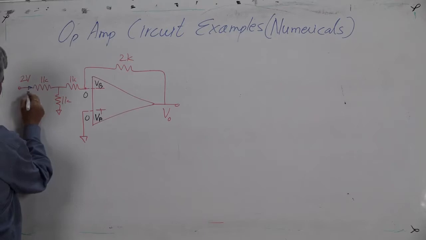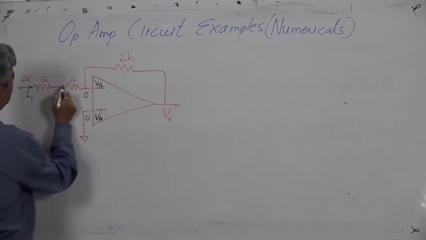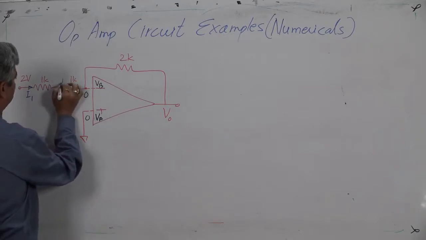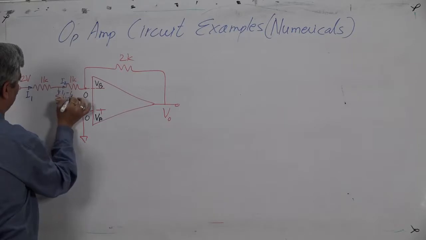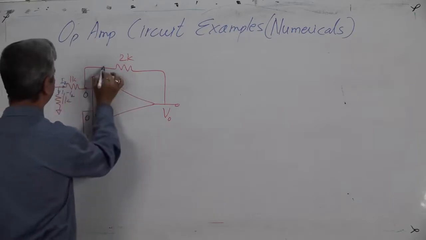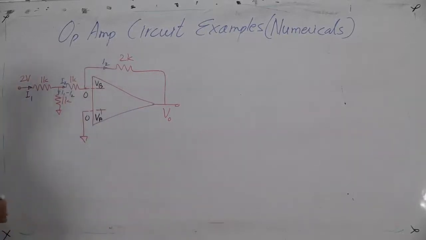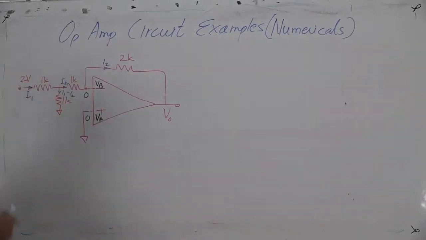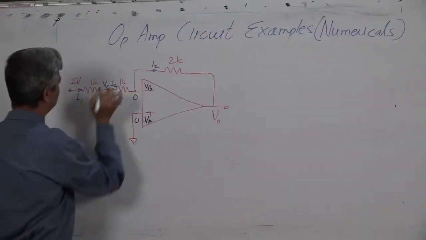Assume this to be I1. Assume this to be I2. So this is I1 minus I2, and this is I2 because same current should flow. So there would be one voltage which will come here as VC.